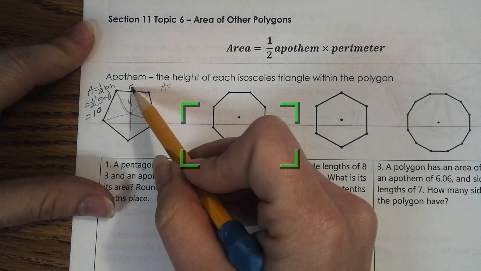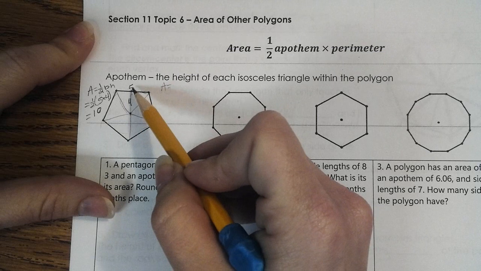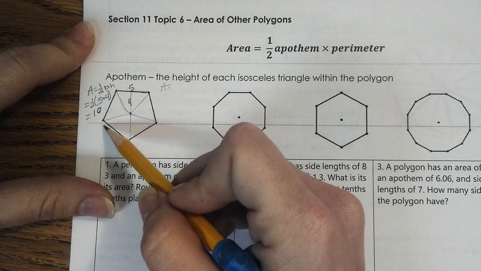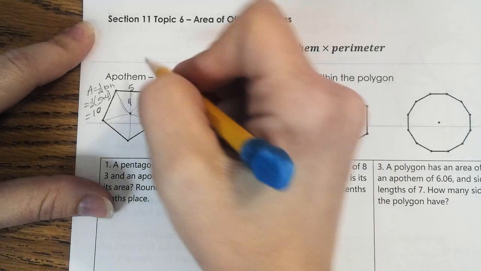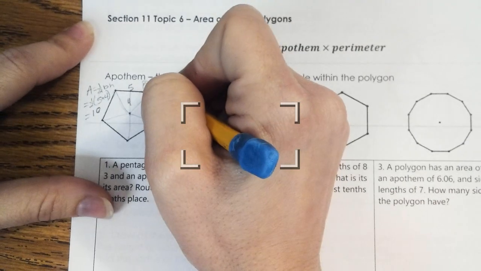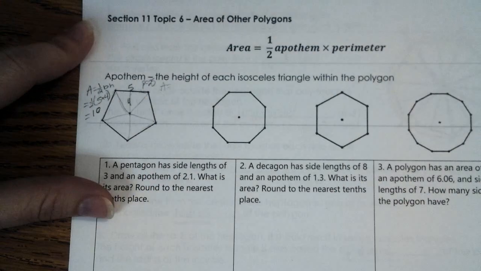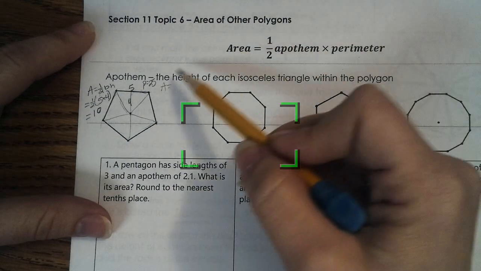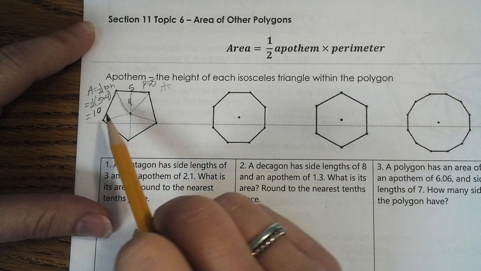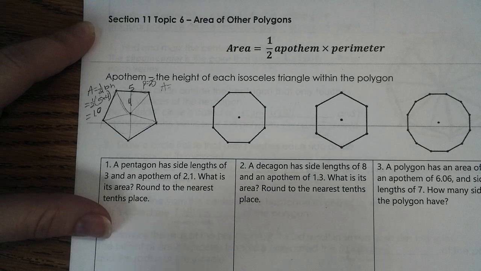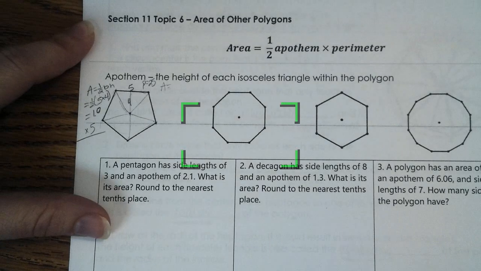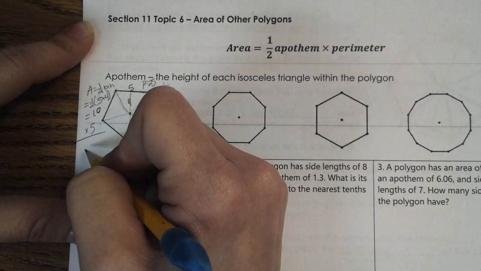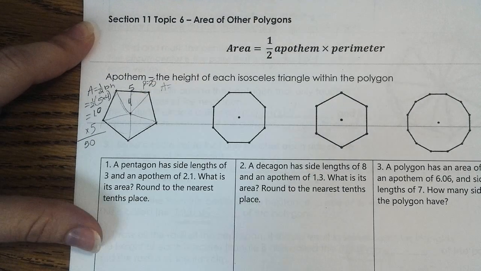To find that perimeter, we could take the side length, which here is 5, and multiply it by the number of sides, which is 5. So the perimeter of this one would be 25, 5 times 5. So to find the area of this whole thing, you could find the area of one triangle and multiply it by the number of sides in that shape. So 10 times 5 is 50.